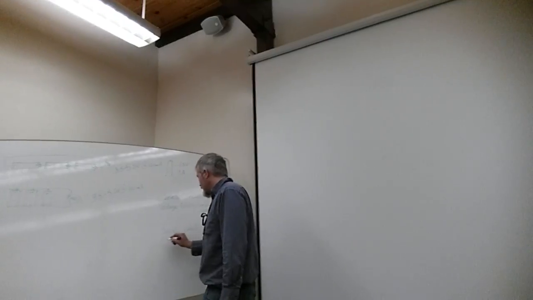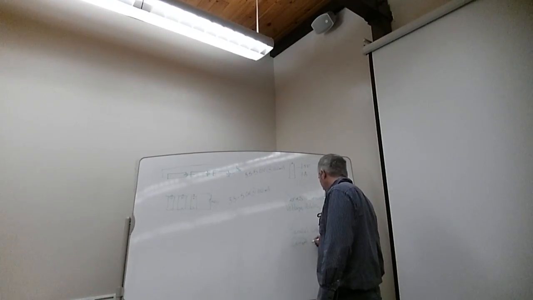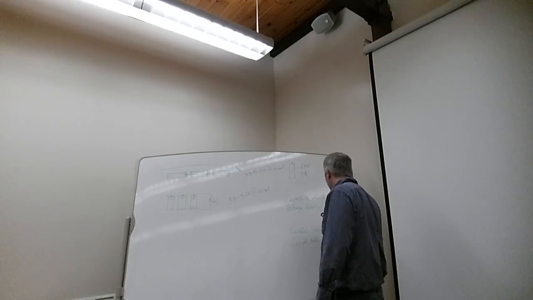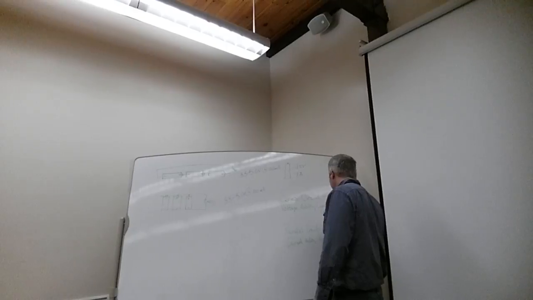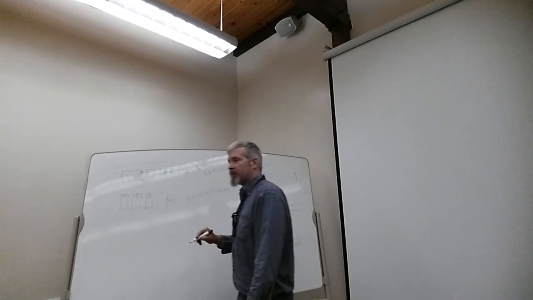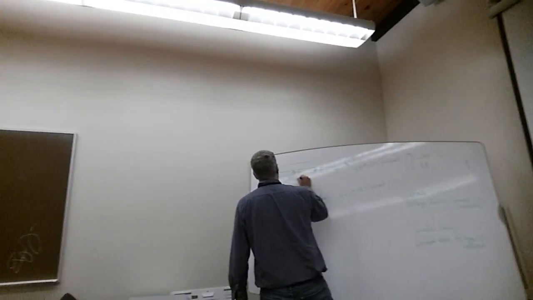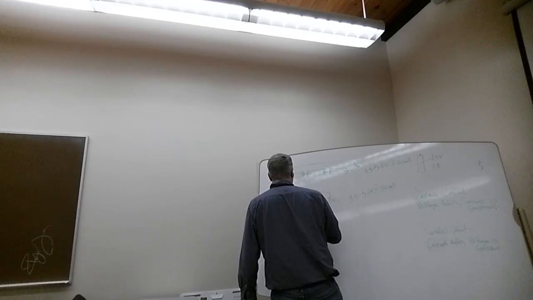Okay, good. So the current adds and voltage is constant. So in these two circuits, this one is the series circuit, and this one is the parallel circuit.